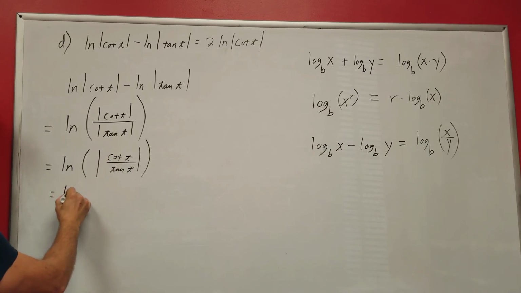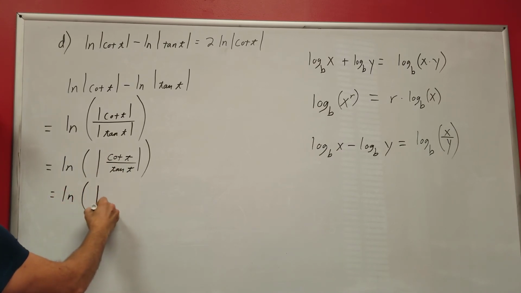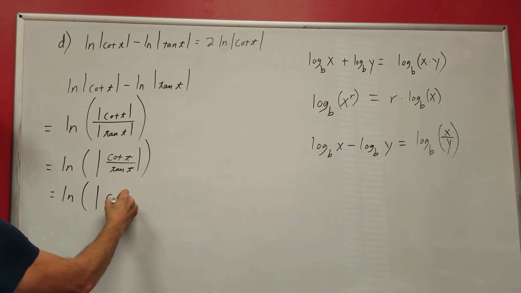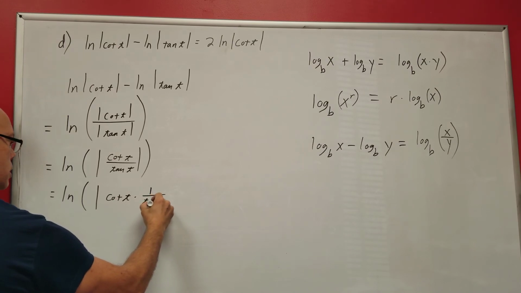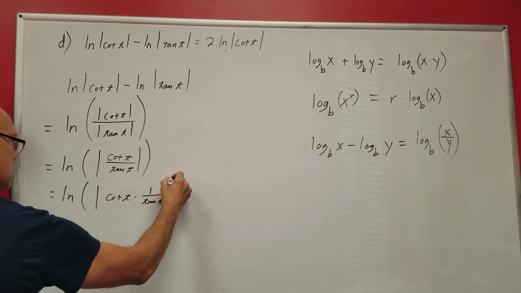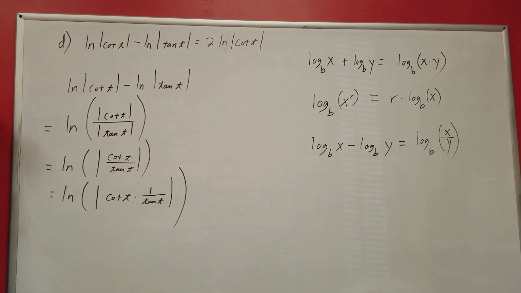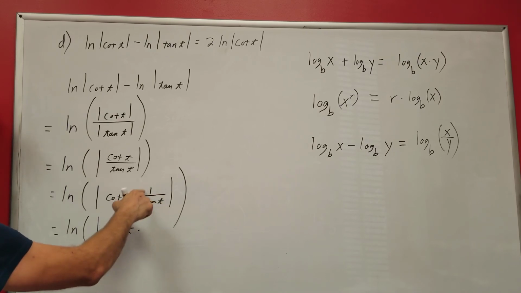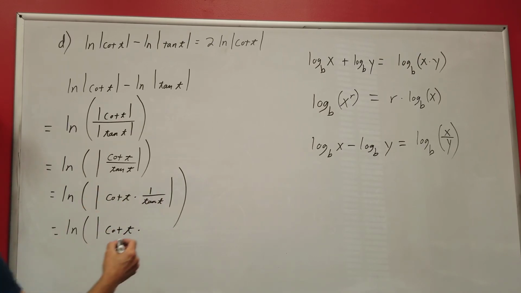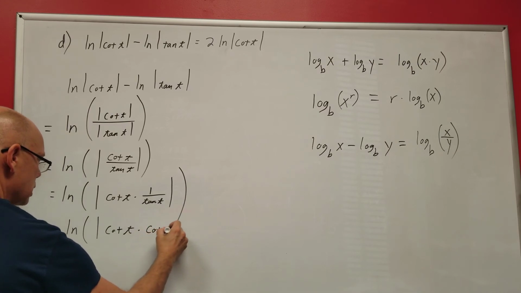Could I say that this is the natural log of the absolute value of cotangent of t times the reciprocal, or 1 over tangent of t? Because if I multiply this, I'll get an equivalent thing here, right? So I could say that's the natural log of the absolute value of cotangent of t times, well, what's my identity for 1 over tangent? That's cotangent, right?